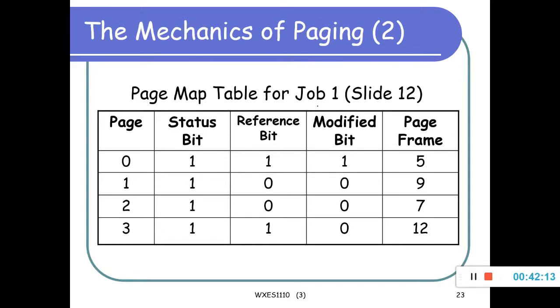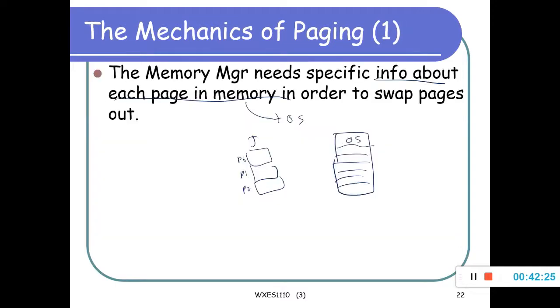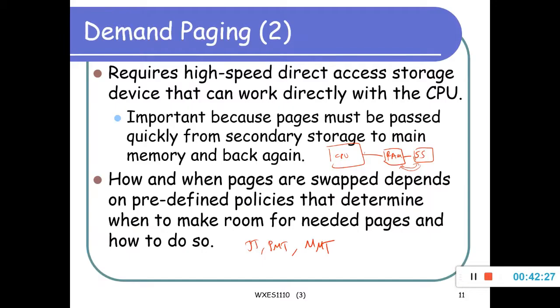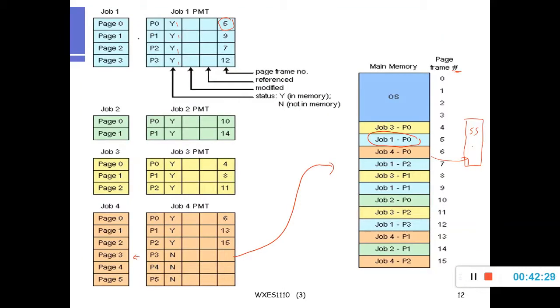You have here the page map table for job 1 from slide 12. You can refer to slide 12. For job 1, you have page 0, page 1, page 2.